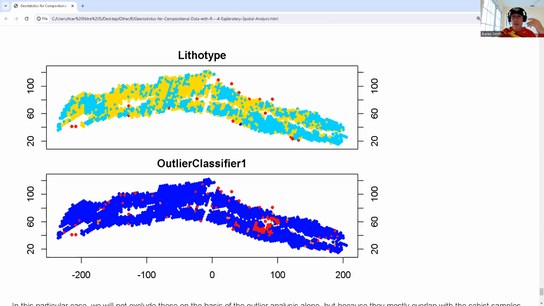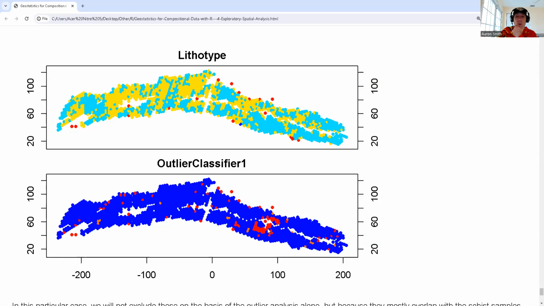Then when I look at the outliers that are actually classified as outliers using the algorithm, I see these schist points here. I can see that, well, wow, the schist points are over representing the outliers, and I see this clump here. And so this leads authors to feel like we should get rid of basalt and schist observations from our data.